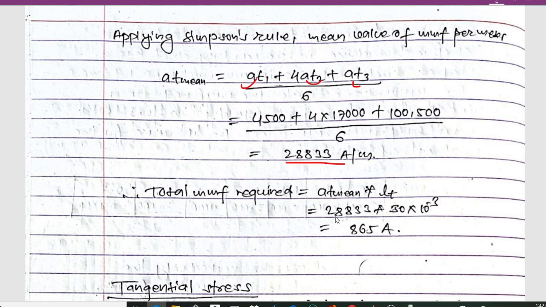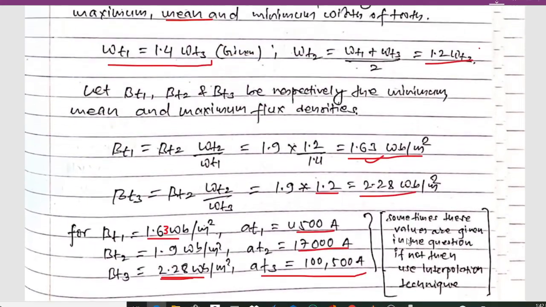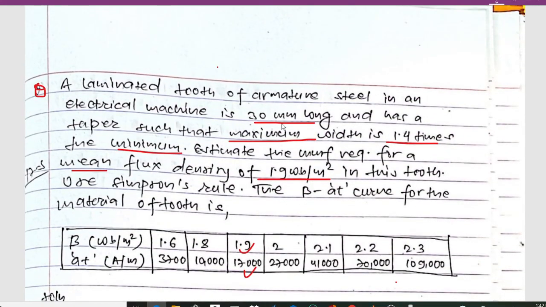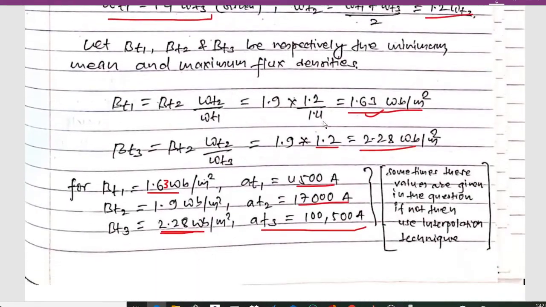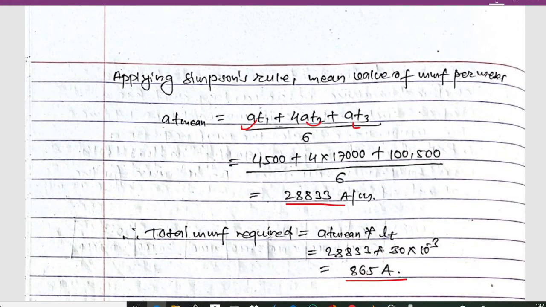On calculation we get 865 ampere. You can see the length of 30 mm is given, so finally we are able to calculate the total mmf required. The total mmf required is 865 ampere.